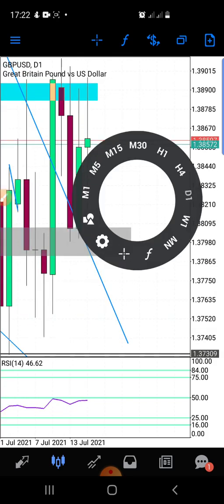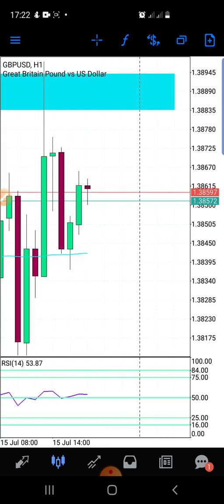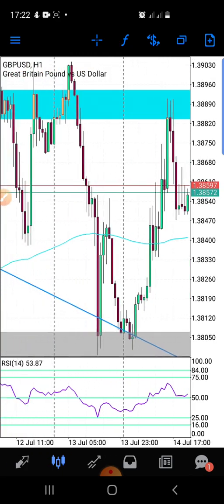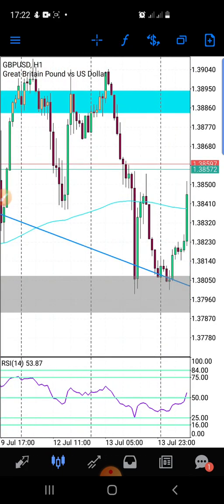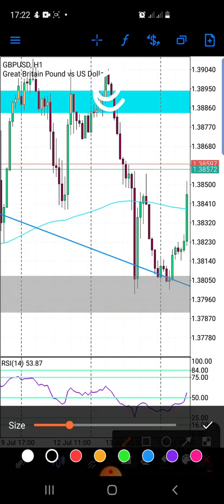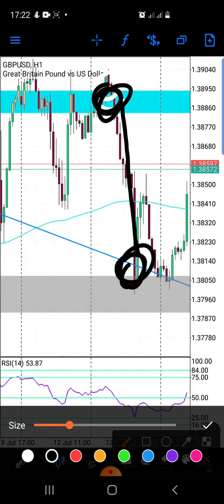Okay, so if you go to a 1 hour chart, if you zoom this out, there's price movements. Okay, so when you see something like this, these movements here, from here, let me change the color of this. From here, you see, all the way to here, the sellers push the price down.